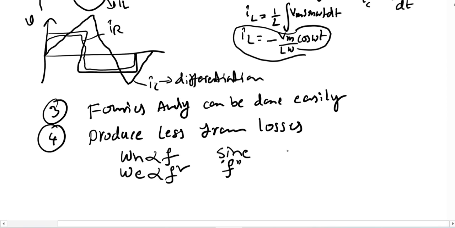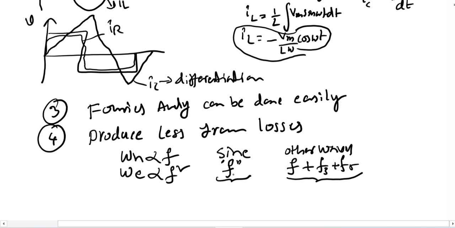If you use other waves, then you have the fundamental frequency plus some harmonic frequencies, 3, 5, something like this. It means the frequency content is increasing, but a sine wave has only the fundamental frequency.